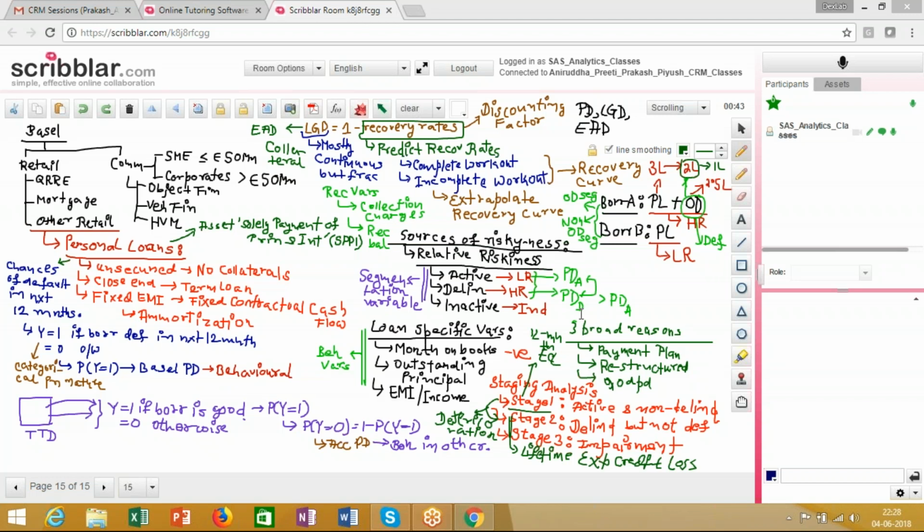So as we start off with talking about PD, broadly there are two concepts of PD, or two types of probability of default measures.